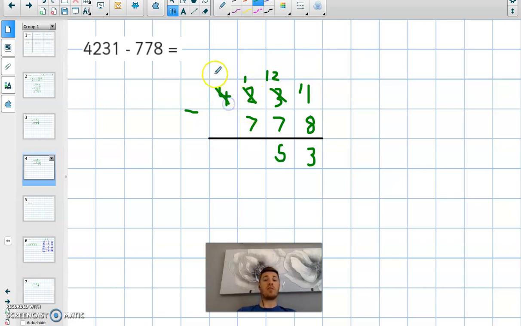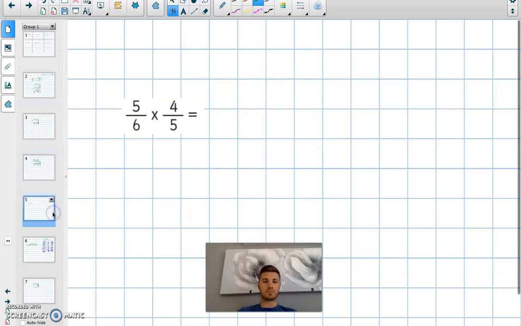Again, you need to exchange. So 4 becomes a 3. That 1 becomes an 11. 11 take away 7 is 4. And 3 take away nothing. Just drop that down. So 3,453 is your answer.